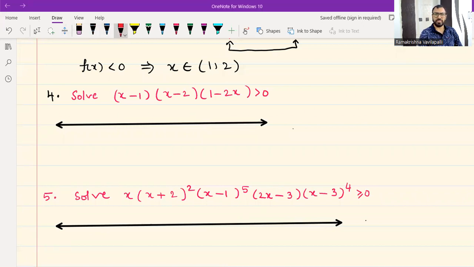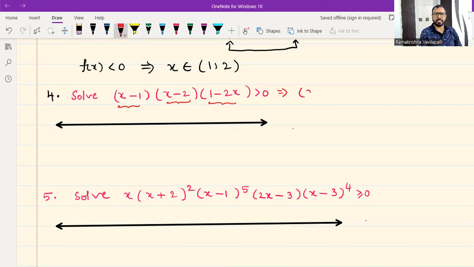Here you see one expression, solve this inequality. Here we have 3 linear factors. In the first linear factor, x coefficient is positive. Second linear factor, x coefficient is positive. Whereas in the third linear factor, x coefficient is negative, right? So what we have to do is, you just multiply with negative 1.